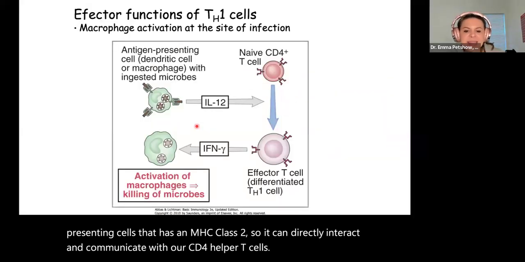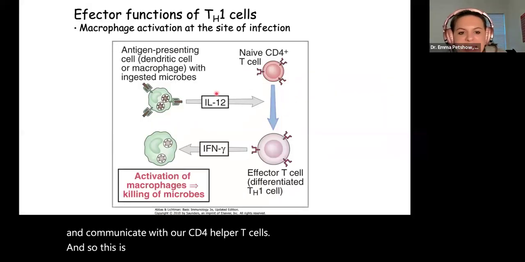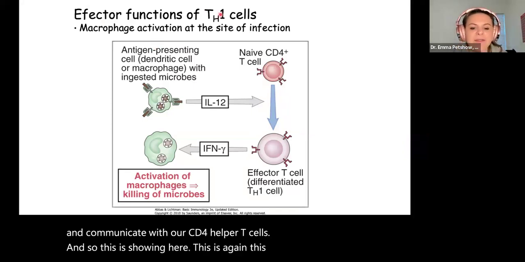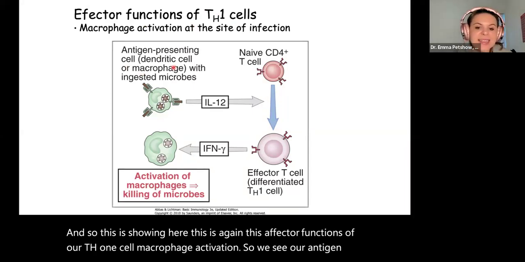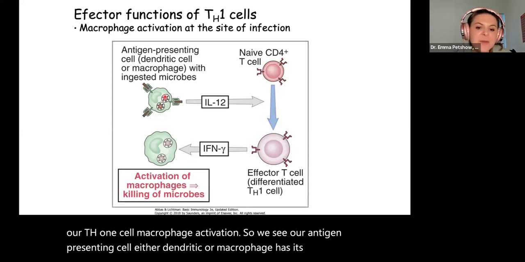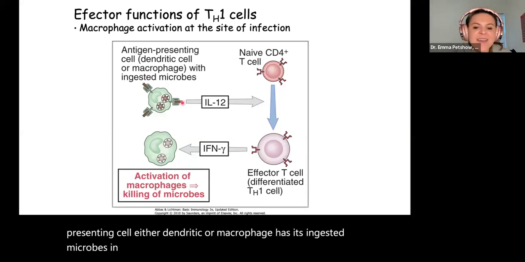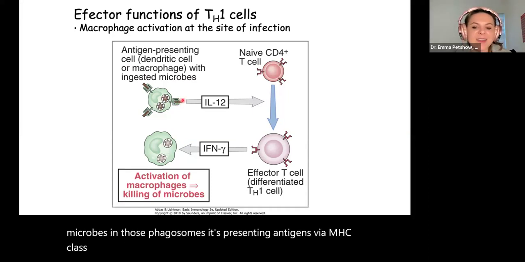And so this is showing the effector functions of our Th1 cell, macrophage activation. We see our antigen presenting cell, either dendritic or macrophage, has its ingested microbes in those phagosomes. It's presenting antigens via MHC class 2. It's secreting IL-12.